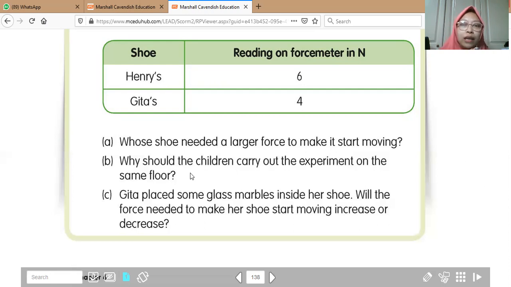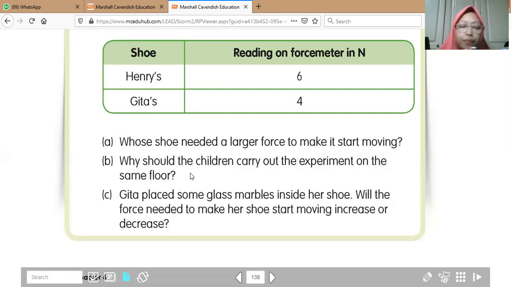Yeah, so it's only about your opinion. Give your opinion why the children should carry out the experiment on the same floor. Jadi berikan saja pendapatnya why this experiment must have the same floor.